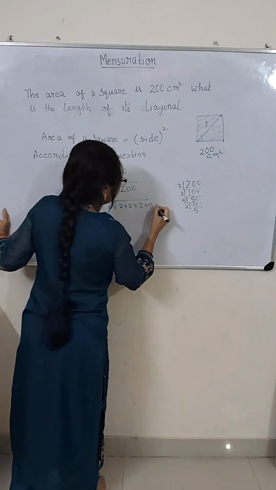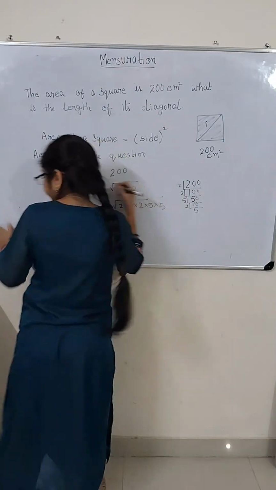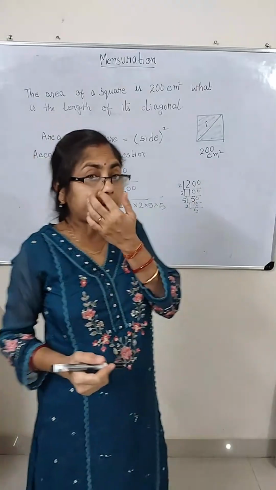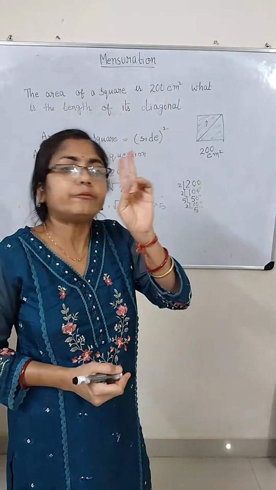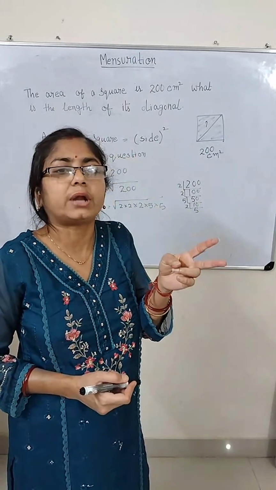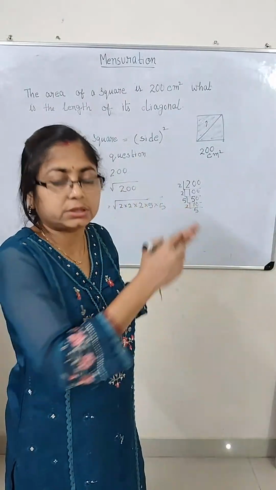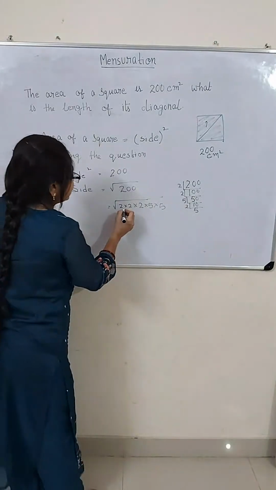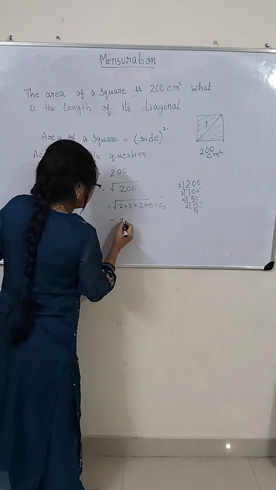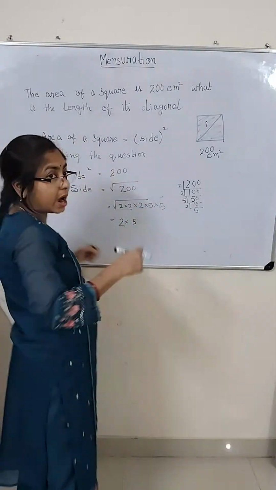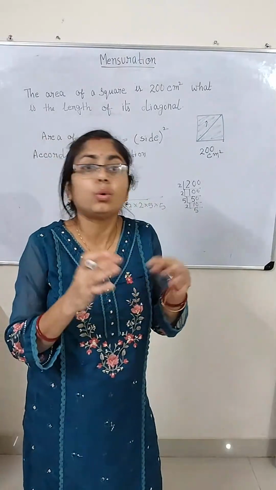One more thing I am telling: when taking the root, for every two equal numbers, you take one number. And if there is any odd number, you put it in the root. Look, there is 2, so I write 2. There is 2, 5, so I write 5. But one 2 is alone, no pair.